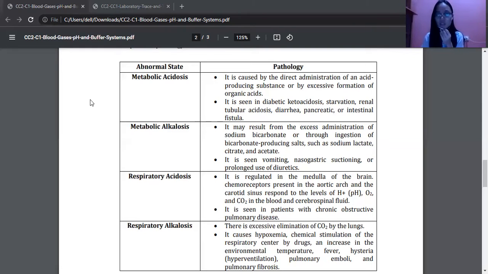So the difference between respiratory acidosis and alkalosis is that in respiratory acidosis, there is an excess carbon dioxide accumulation, while in respiratory alkalosis, there is carbon dioxide loss.